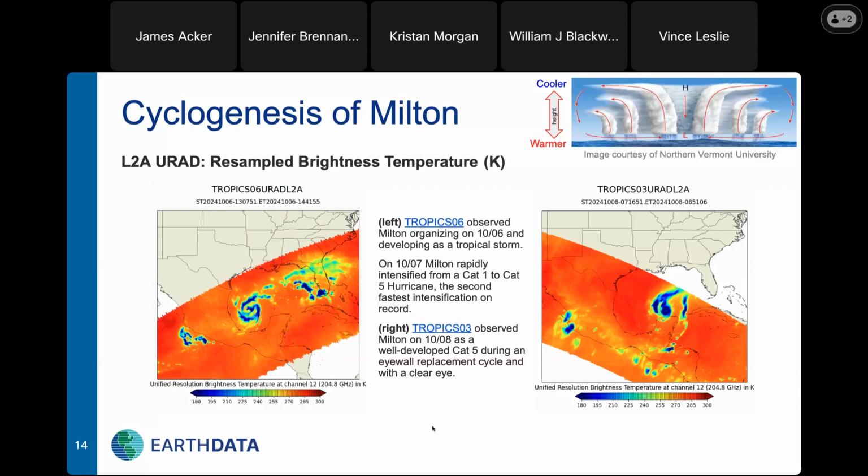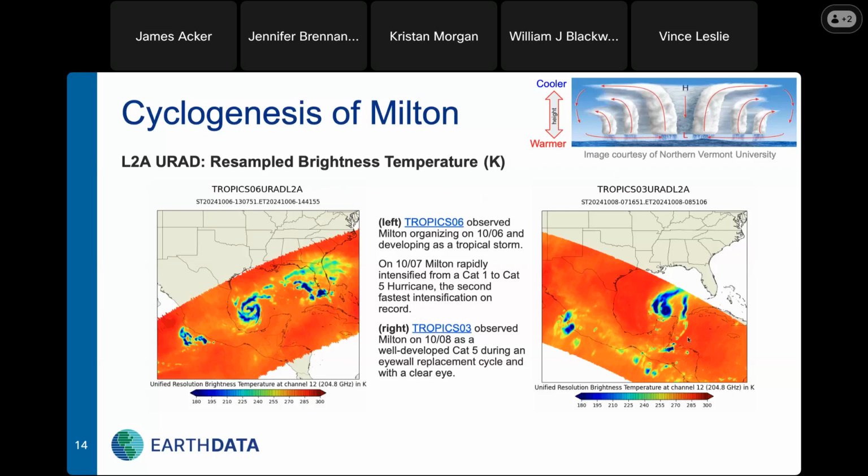Just to explain what brightness temperature physically means, this is the anatomy of a hurricane, and you can see near the surface you have warmer temperatures, and at height you have cooler temperatures. This is really beneficial to look at the height of the storm, which corresponds to the strength of the storm.